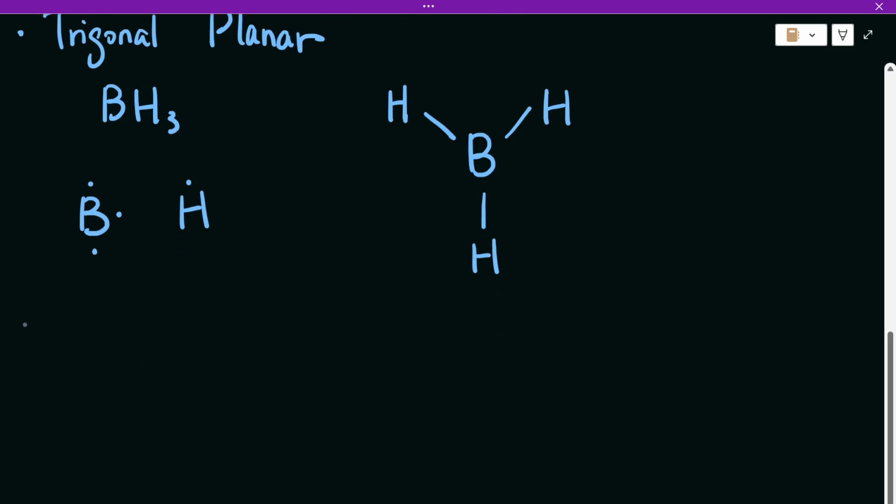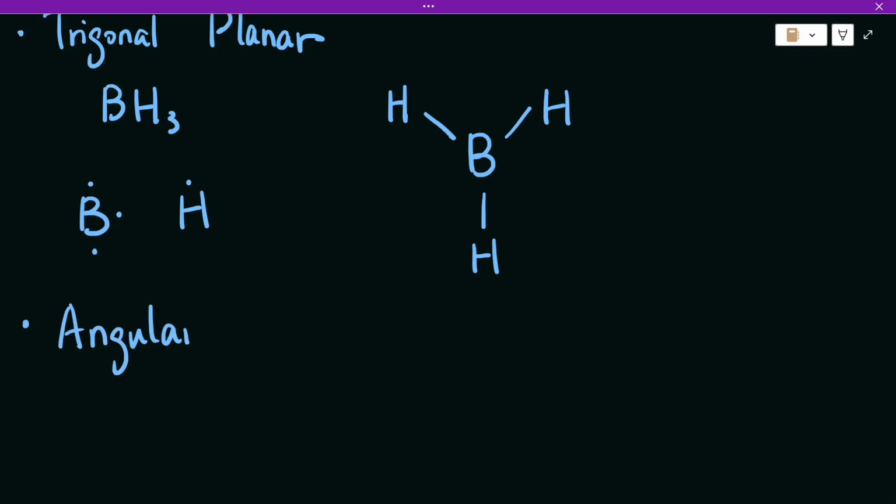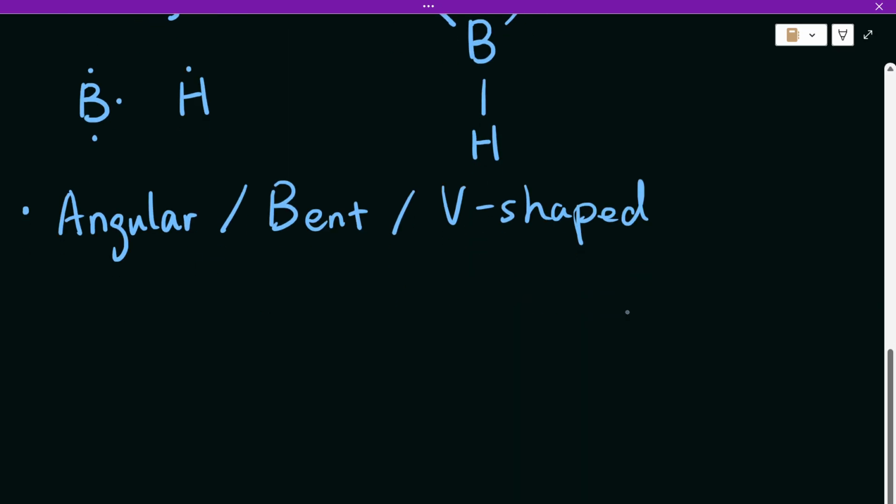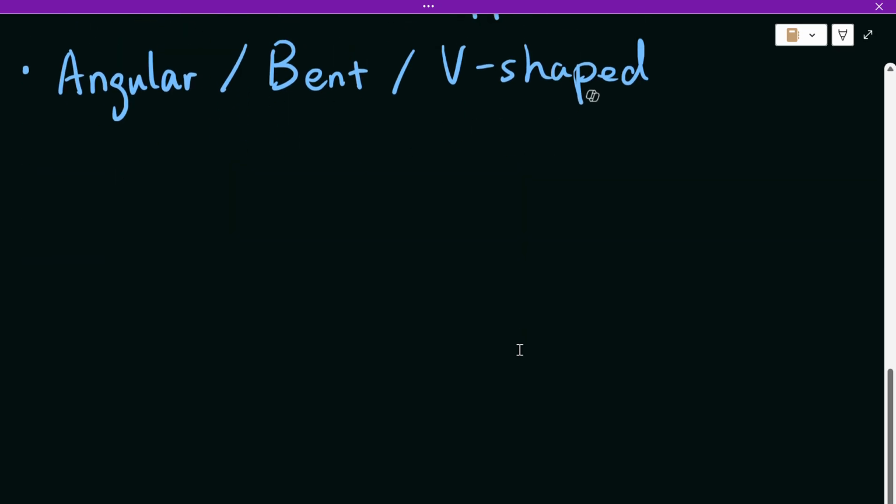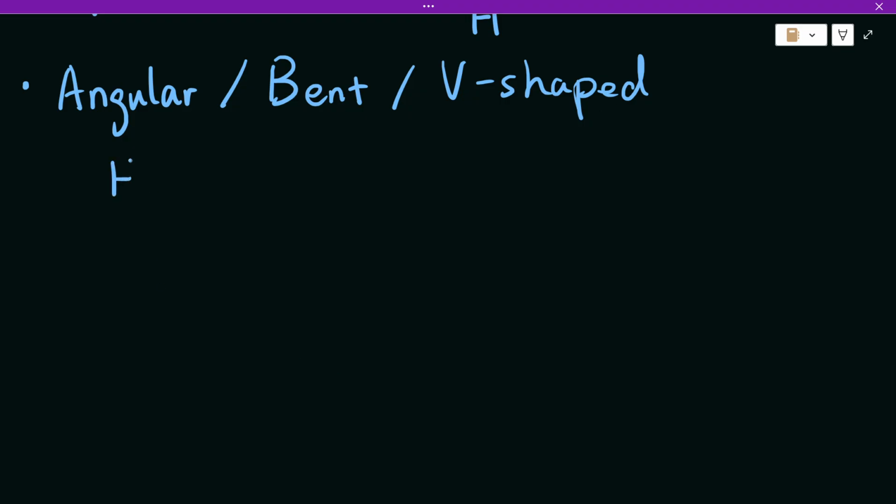The next shape is called angular, and sometimes it's also called bent, and sometimes it's called V-shaped. And a very common and typical molecule for this shape would be water, H2O.